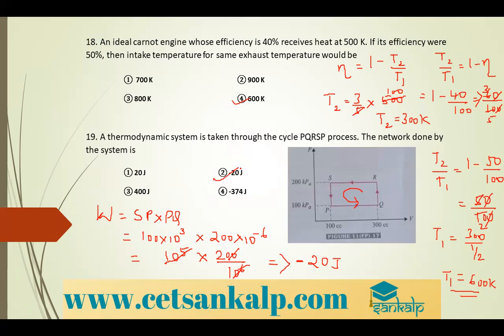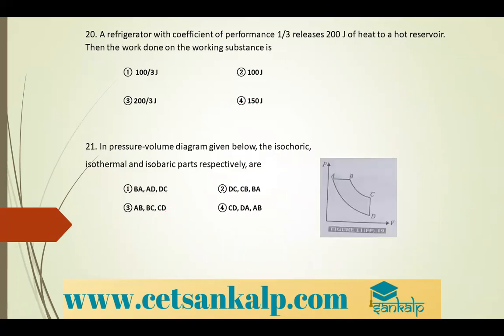Okay, the next problem. A refrigerator with the coefficient of performance 1 by 3 releases 200 joules of heat to a hot reservoir. Then find the work done on the working substance.